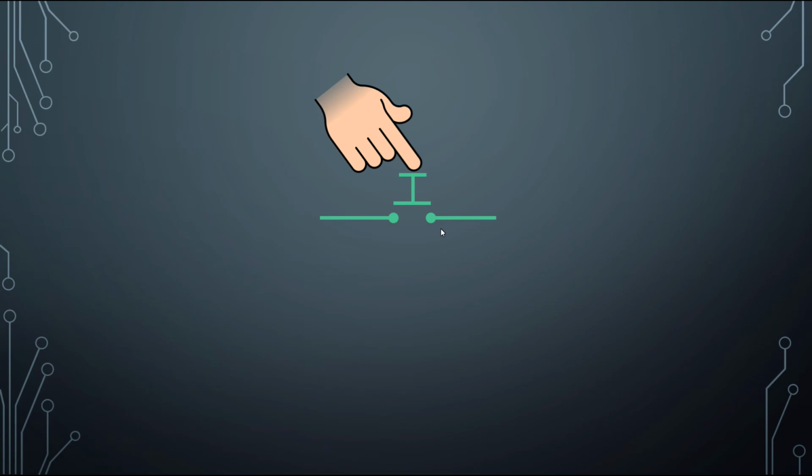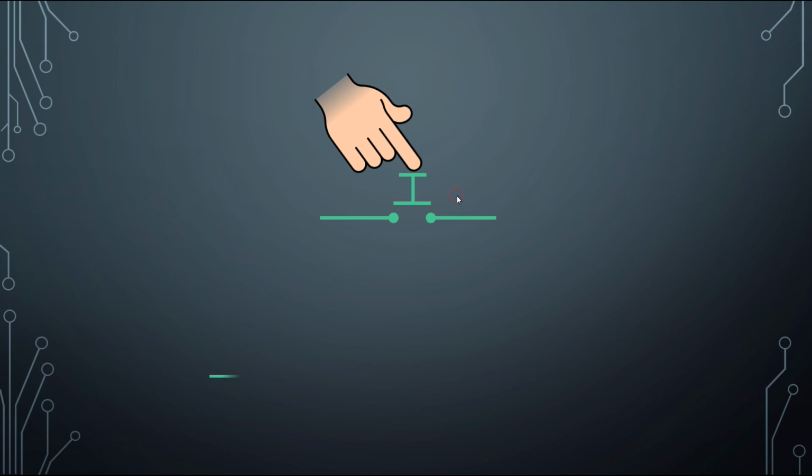They are the stable states of the switch, or in other words, its stationary state or status. It is either closed or open. Currently, the switch is shown in its open state.